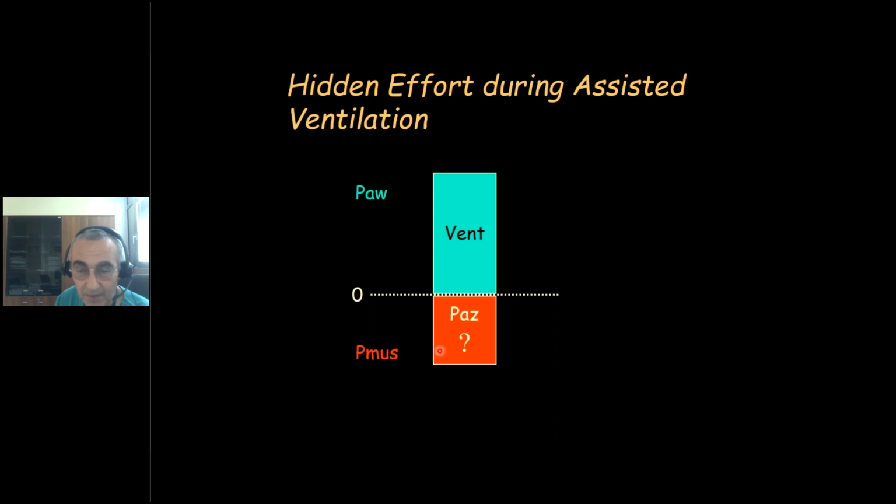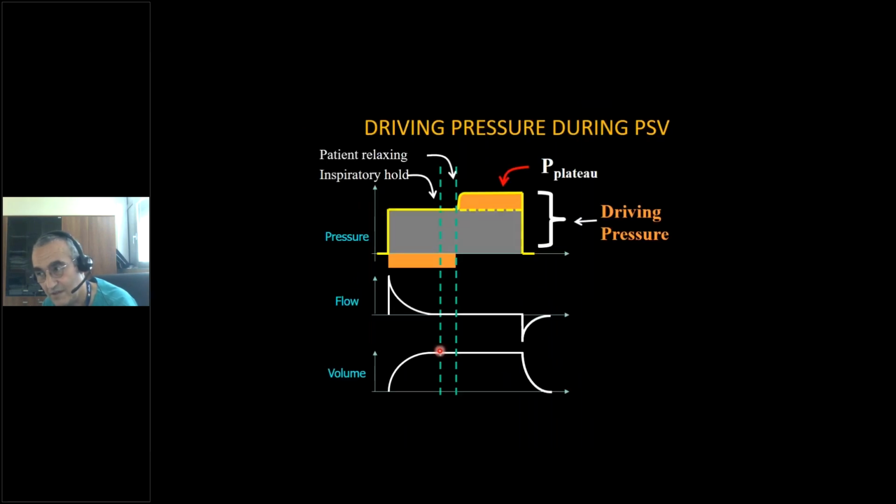I know it's not popular, so I have a solution for you. You can do it today on your patient. How? This is the pressure support. This is the effort done by the patient. You need to occlude the airway during pressure support at the end of inspiration using the old inspiratory button.